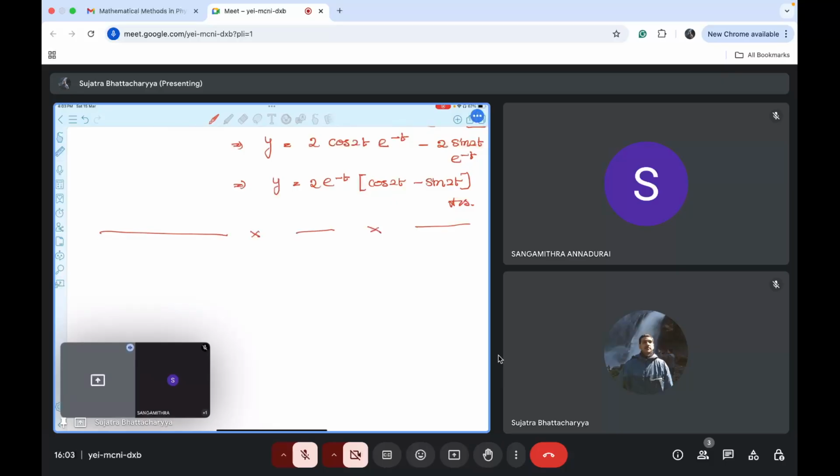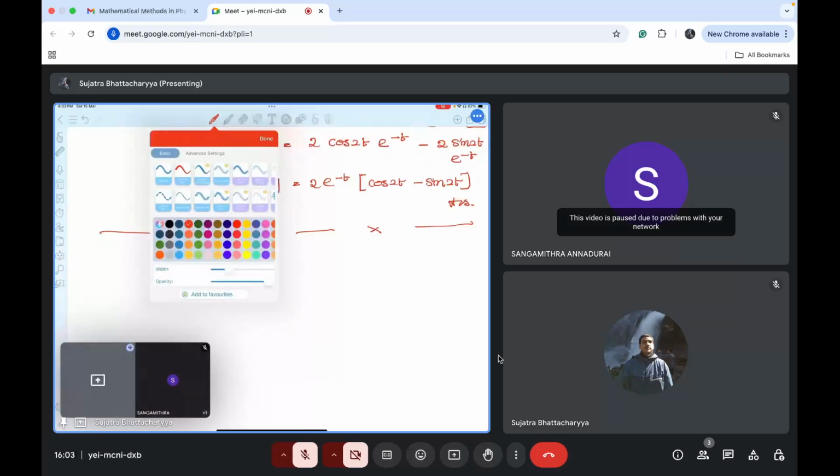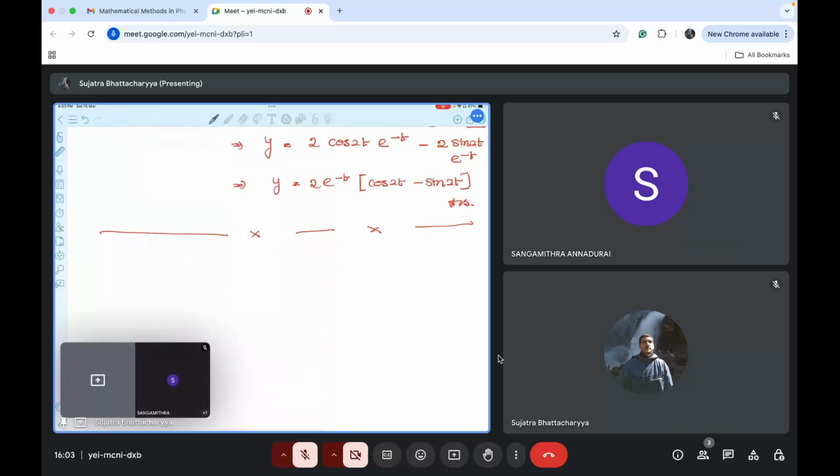Now we will go to another interesting topic, which is nothing but the Dirac delta function. We will not take much time. Dirac delta is a small concept, and some properties will be there, and I will show some more things, and then we will go for Green's function.